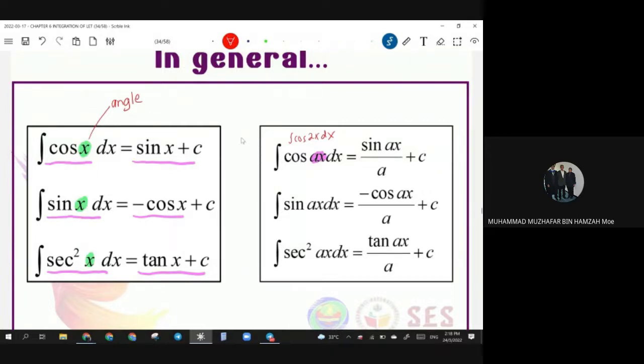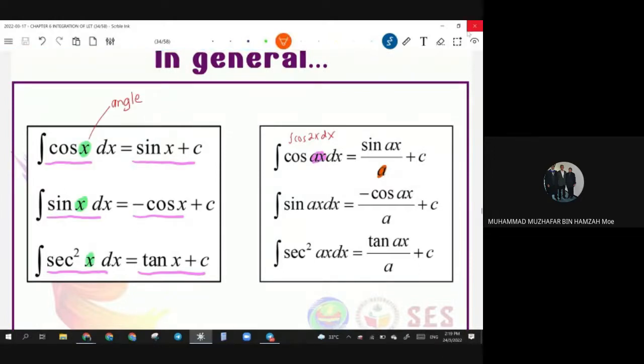The formula is basically that the integral of cos ax gives sin ax over a. If we differentiate cos ax, we multiply by a, but when we integrate, we divide by a.